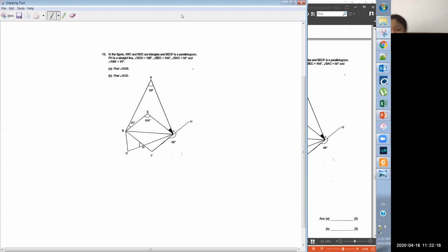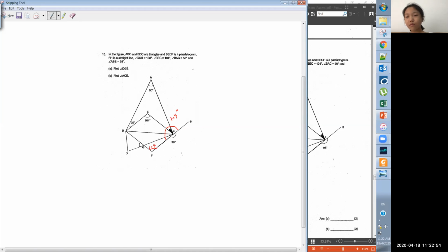Okay, so yeah, I can do it here also. So this is 104, so this is 104, right? Okay, then say this is 98, right? So this is 104, then this is also 104. Okay, and then you have, this is 76, right?